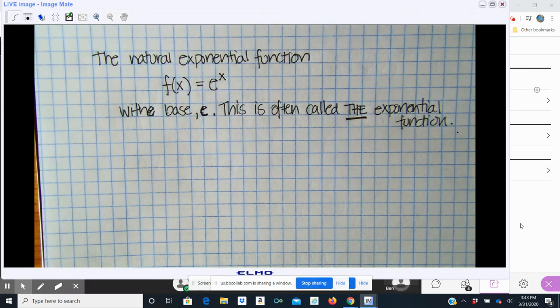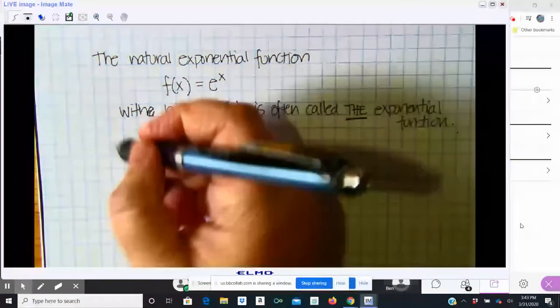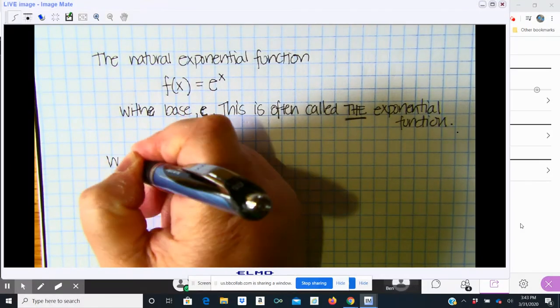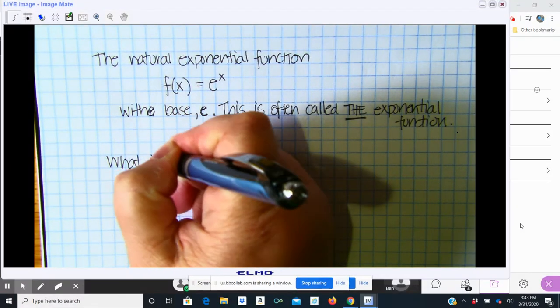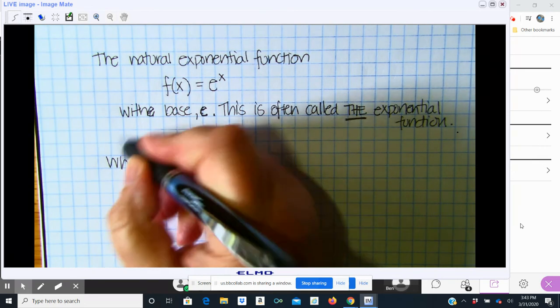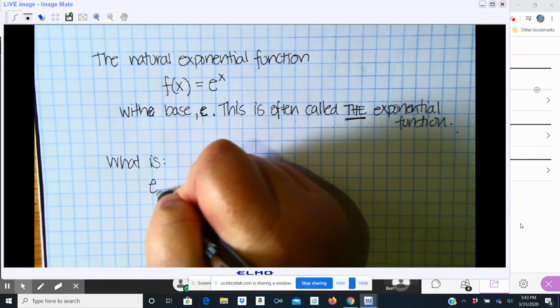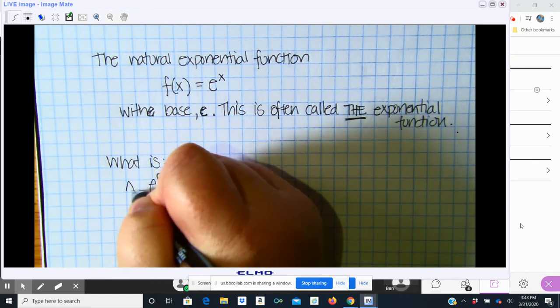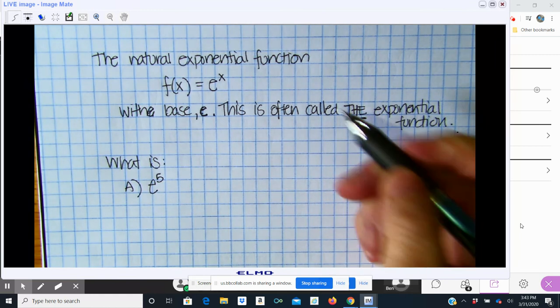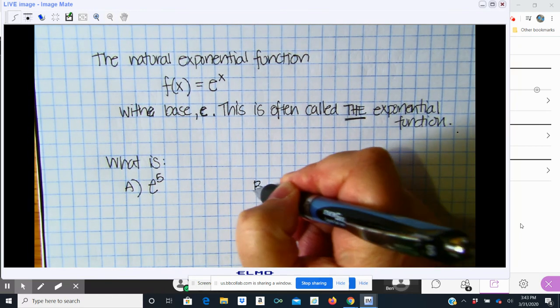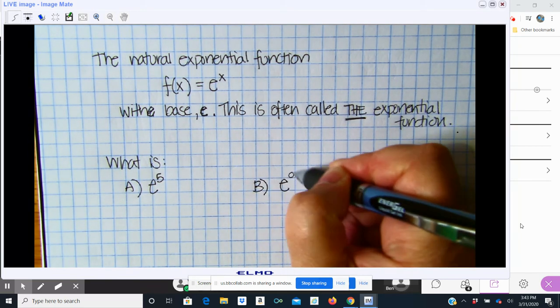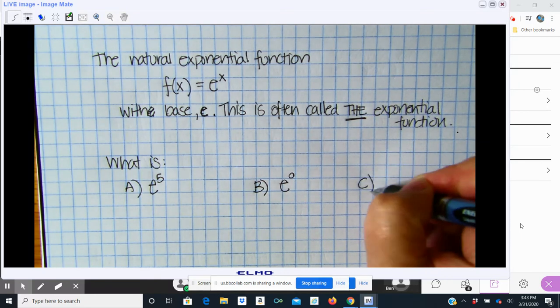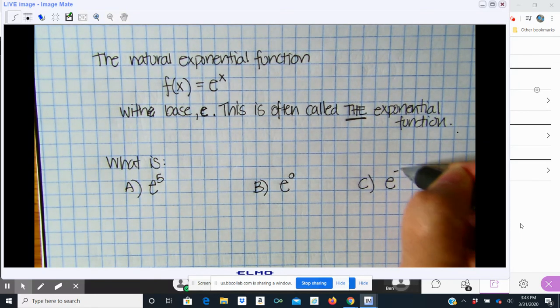Right? We can use this to find values. For example, what is e to the fifth? Or e to the 0? Or e to the negative 1?